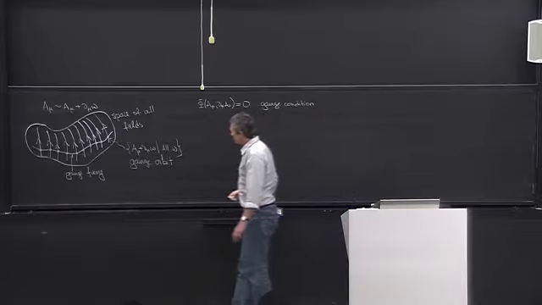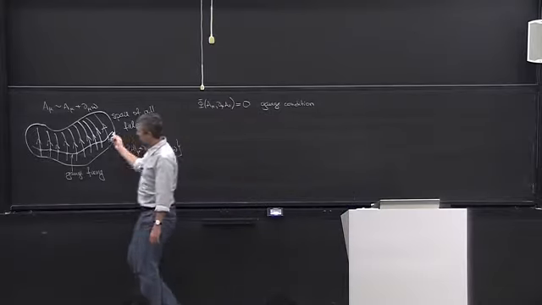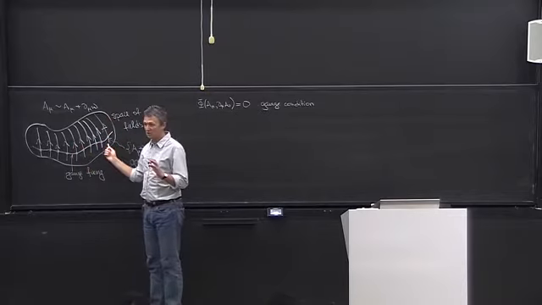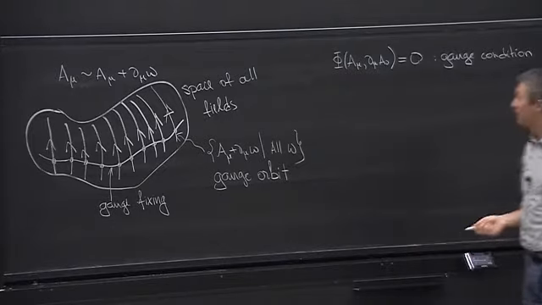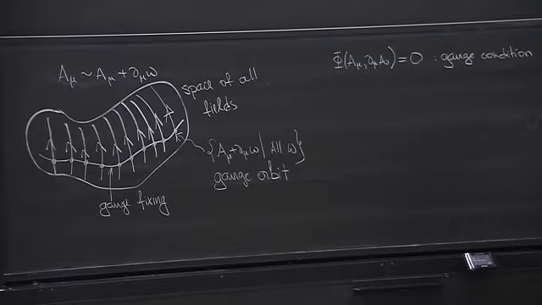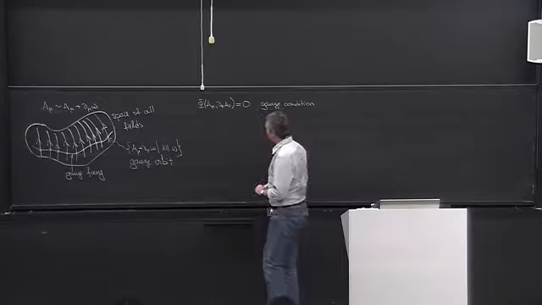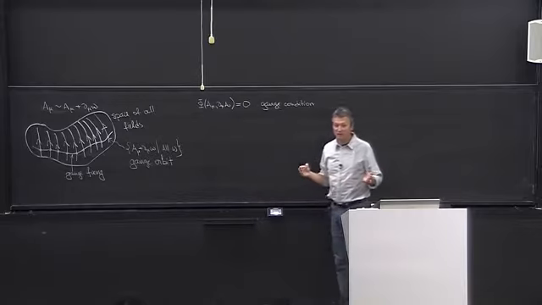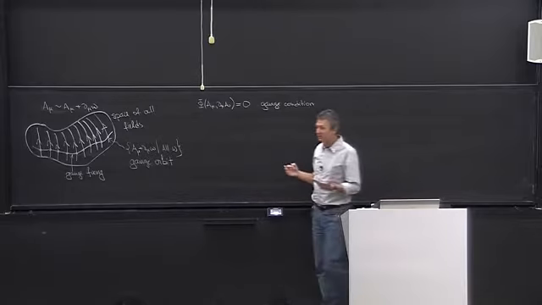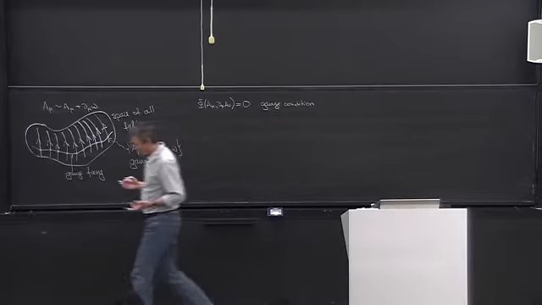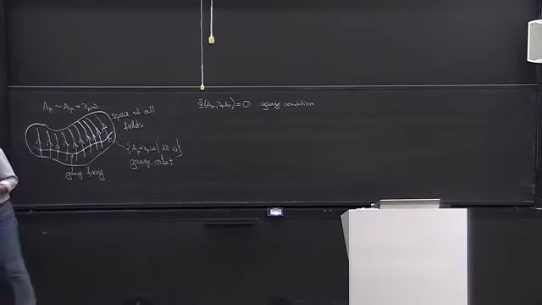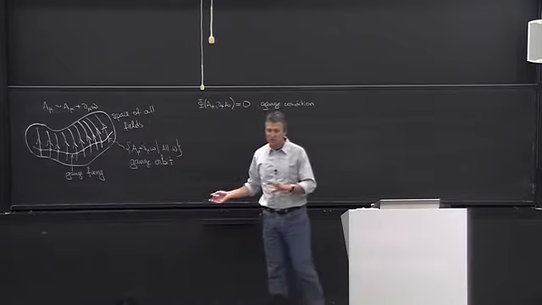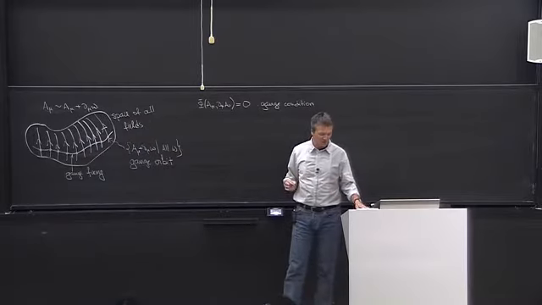Then we should make sure that this indeed picks one point on each orbit, okay? As such a function, we can take potentially anything. So there is a variety of gauge fixing conditions that are being used, and they're more useful in one situation and less useful in the other.